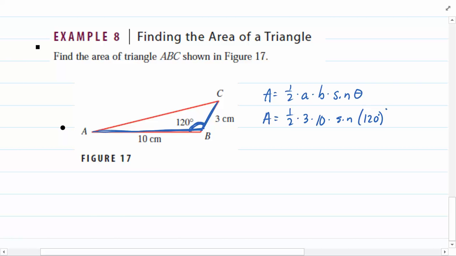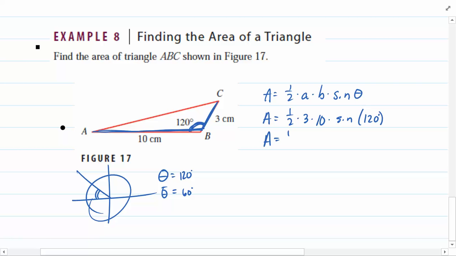Now I know if I have an angle measure of 120 degrees that exists in the second quadrant, its reference angle, if theta is equal to 120 degrees, the reference angle is equal to 60 degrees. So I'm going to rewrite this as 1/2 times 3 times 10 times sine of 60.